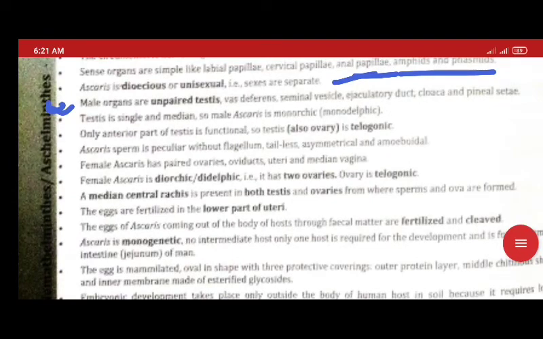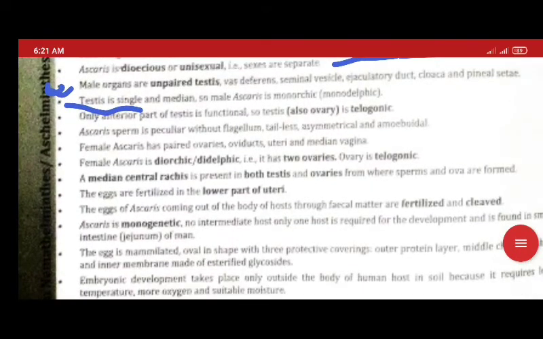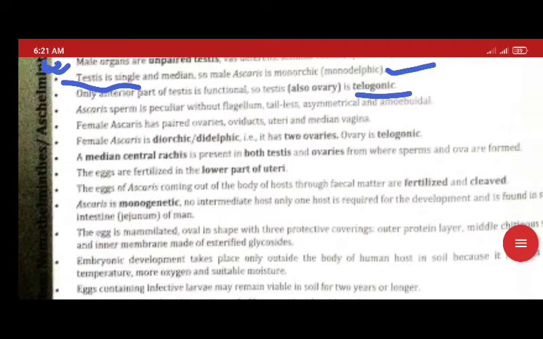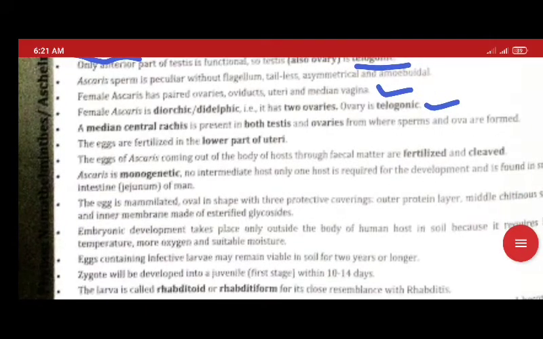So male testis is single, that is called monodelphic or monorchic, and that is telogonic. Now female has a pair of ovaries, that is called didelphic, means 2 ovaries, also telogonic.